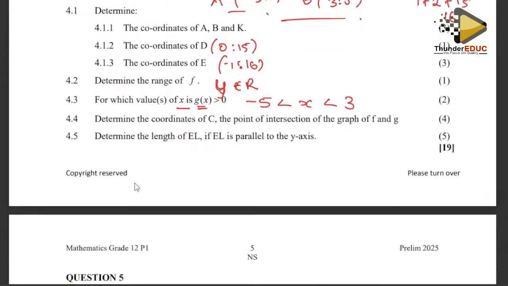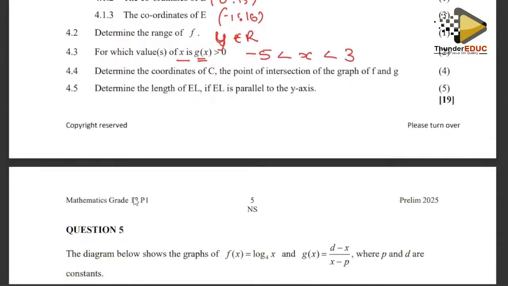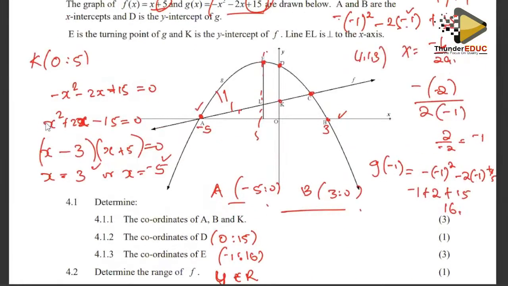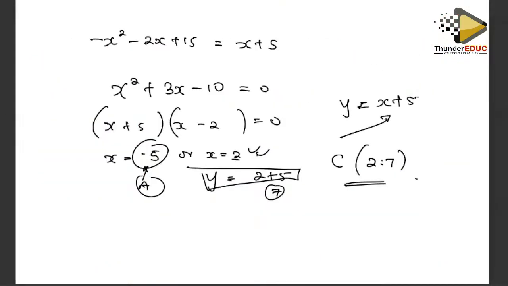Then 4.5, determine the length of EL if EL is parallel to the y-axis. So we know that at this point, x is -1. And for us to get EL, it's just the difference between the graphs. So G minus F. So we're going to say g(x) minus f(x).